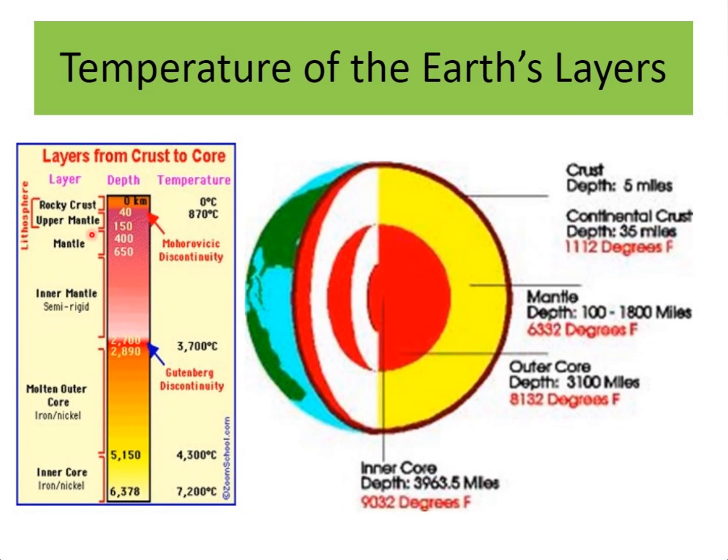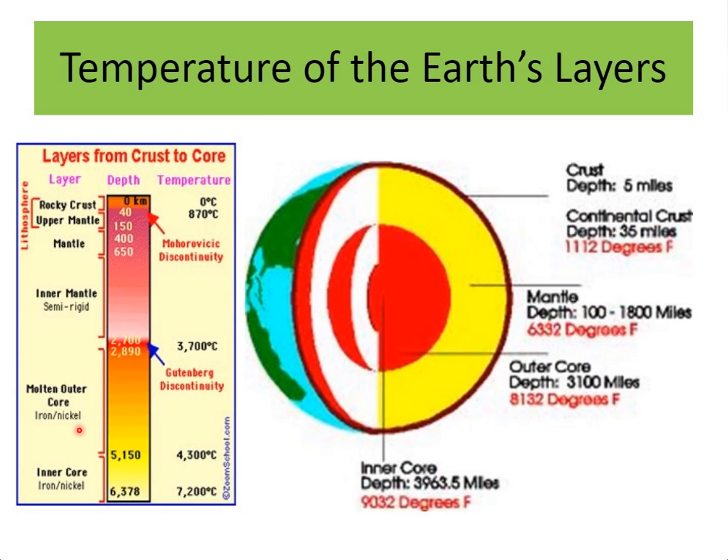If we go to the mantle, which includes the inner mantle, you will have to go to a depth of 2,700 kilometers, and the temperature in that area will be about 3,700 degrees Celsius.